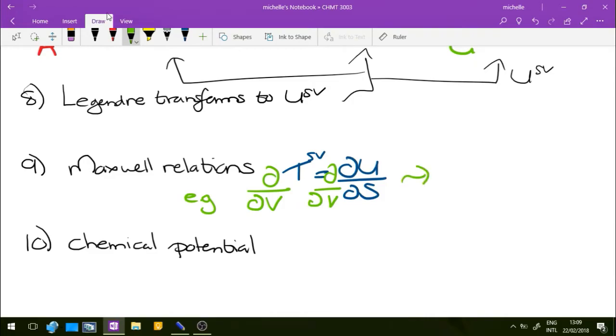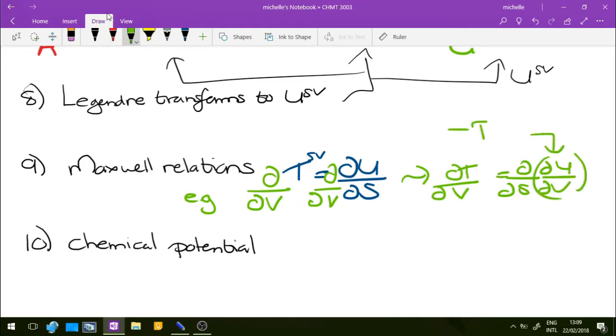You can get dT by dV is equal to d by dS of dU by dV, and earlier on we defined negative P to equal dU by dV, which is a function of S. This implies that dT by dV is equal to negative d by dS of P.